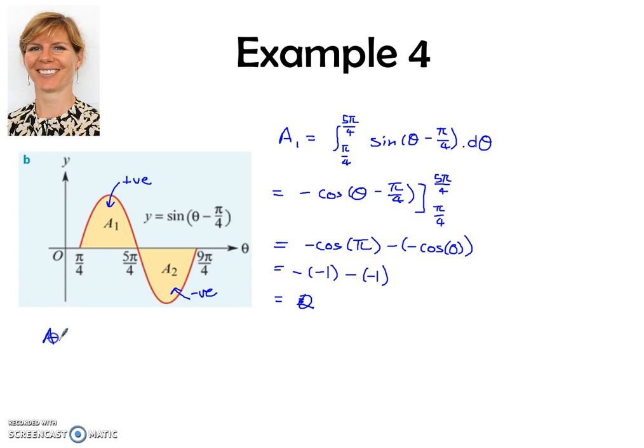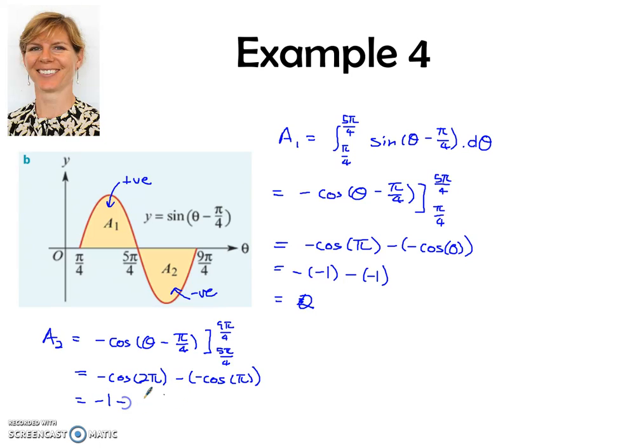A2 is now the same thing, but we're going from, so this is the integral here, so I'm not going to bother writing out the first bit. We're now going from 5 pi on 4 to 9 pi on 4. Okay, and what that'll give me is negative cos 2 pi, take negative cos pi, right, and that gives me negative 1, and then I've got take, and then negative, and then cos of pi is negative 1.